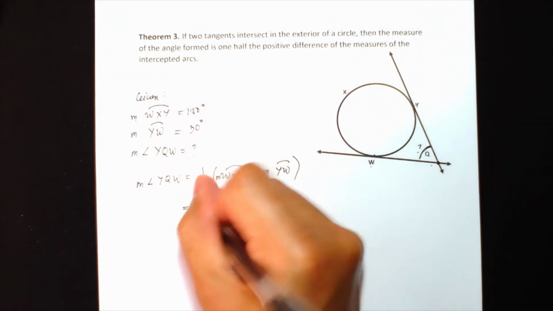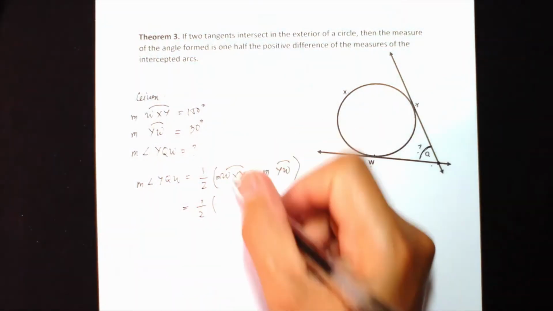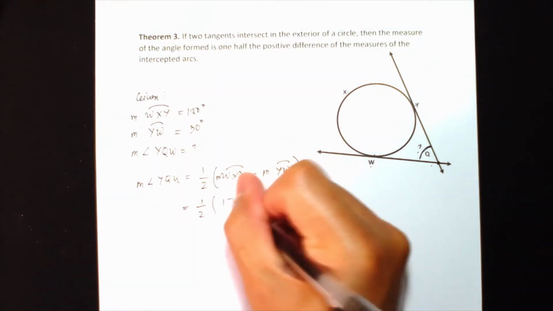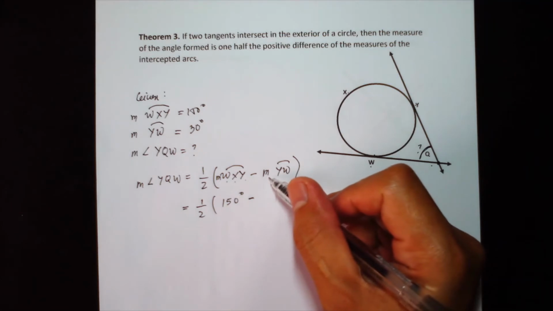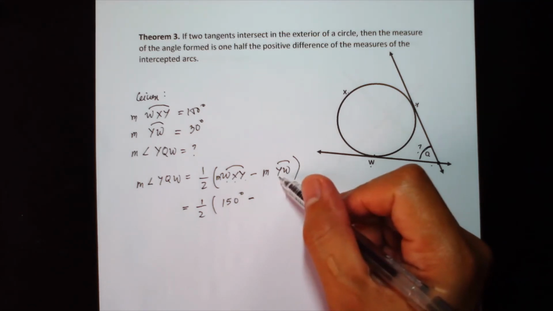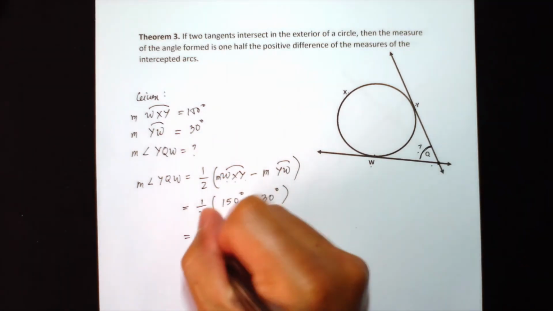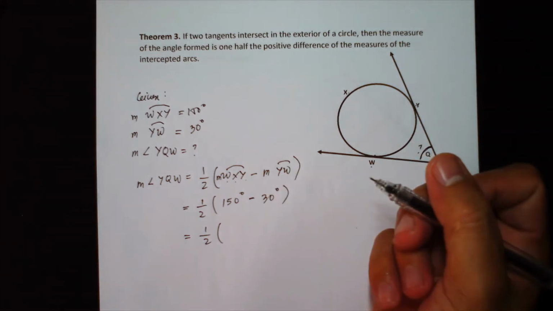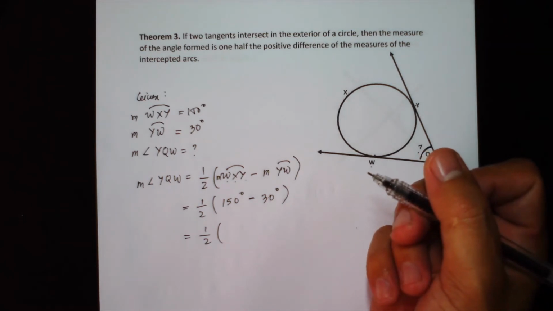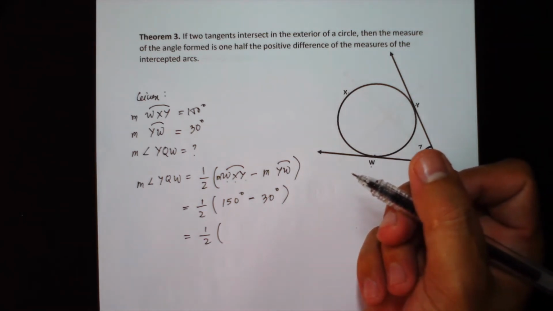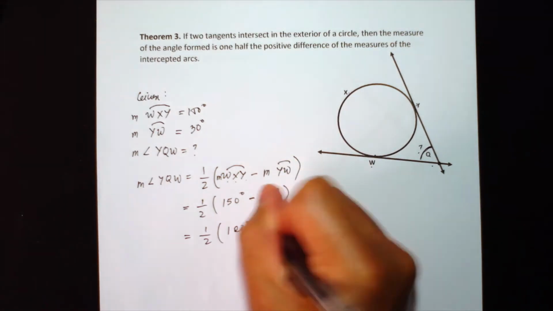We have 1/2 times 150 degrees minus 30 degrees. 150 minus 30 will be 120 degrees.